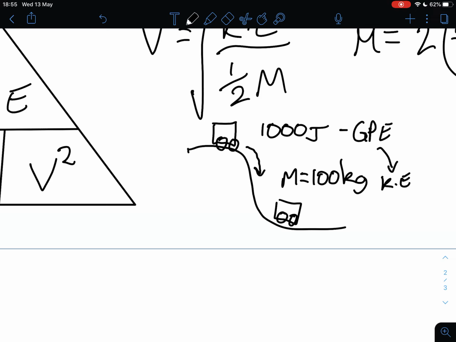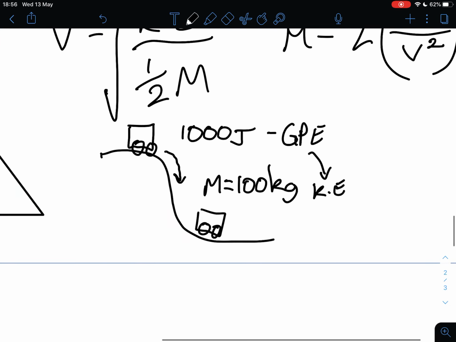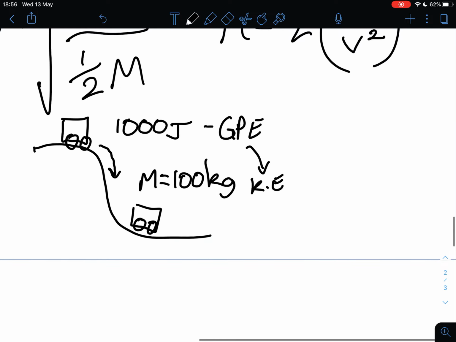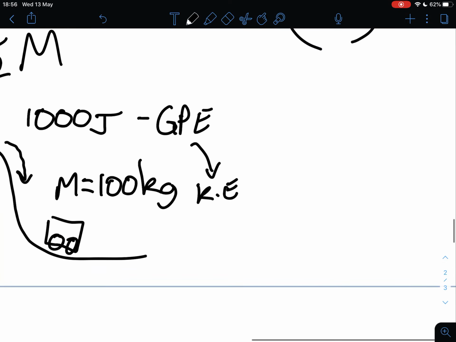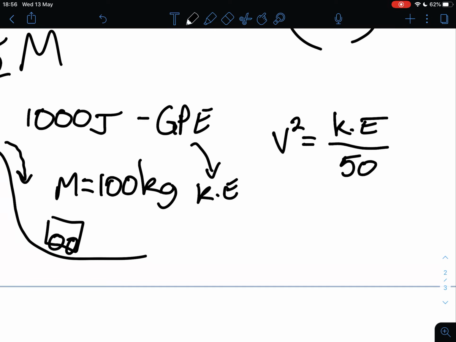And the question is, if you know the mass and you know how much KE it had, 1,000 joules, can you work out how fast it's going? And I'm pretty sure I'm not going to be able to do this without a calculator, but let's give it a go. So we get V squared is equal to KE over 50, half the mass, there it is. We put in KE was, it came from the gravitational energy, so it was 1,000. That's equals to 20. And so V is equal to root 20.